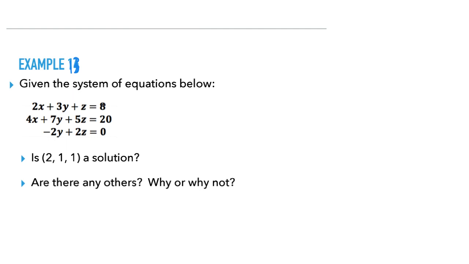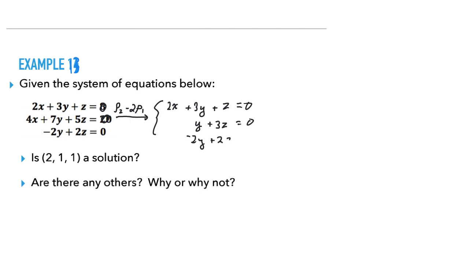We start by zeroing out the right-hand side to consider the homogeneous system. Then our first step looks very similar, where we would take row 2 and subtract 2 row 1s, producing 2x plus 3y plus z equals 0, and y plus 3z equals 0, and negative 2y plus 2z equals 0.